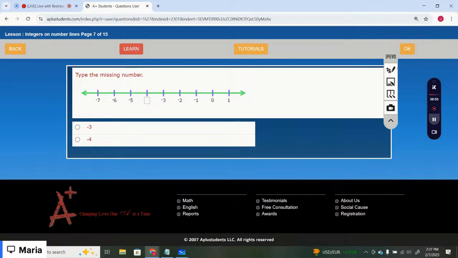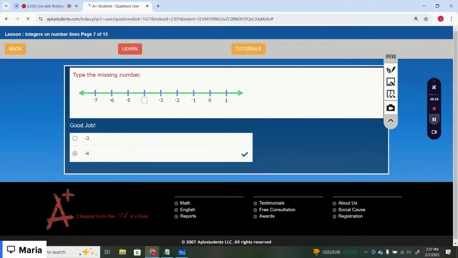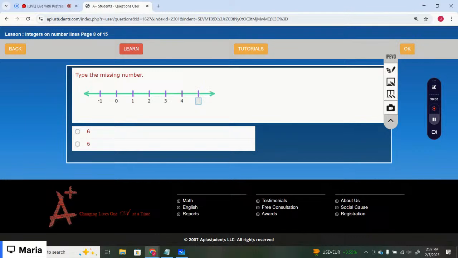Type the missing number. That is negative 4. Option 2 is the correct option. Type the missing number. That is 5. Option number 2 is the correct option.